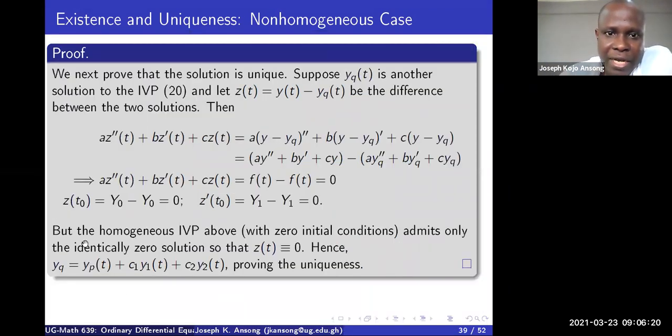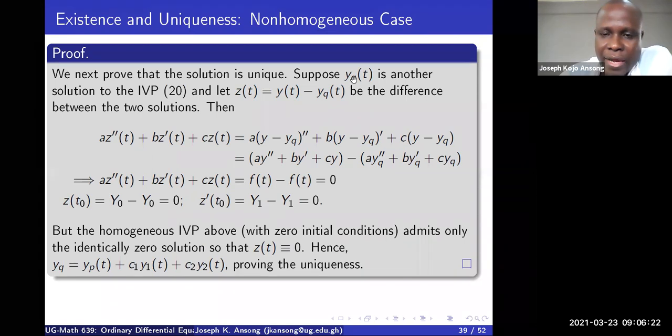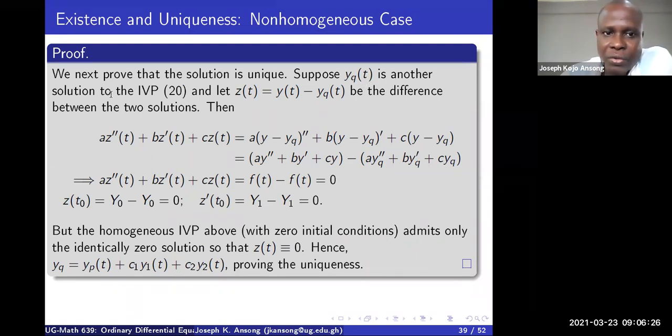So to prove uniqueness, let's suppose that y_q of t is another solution to the IVP we just looked at. And let the function z of t be the difference between our solution and this supposed new solution.